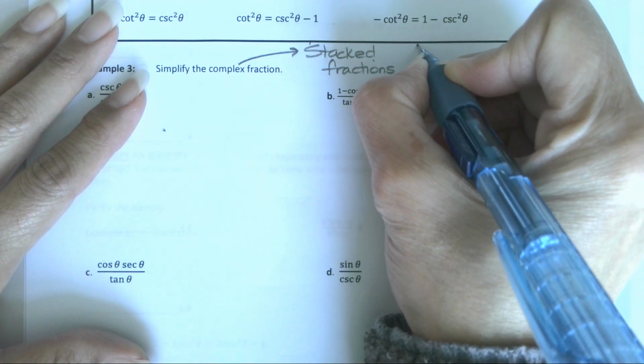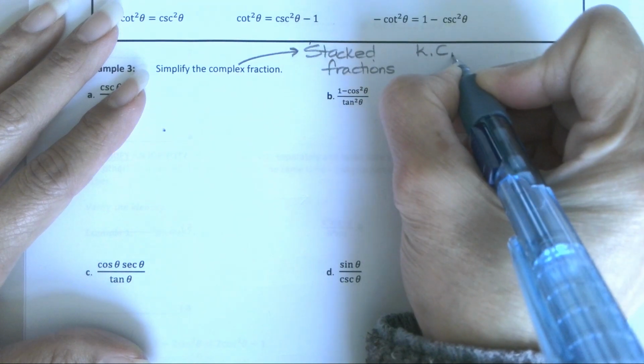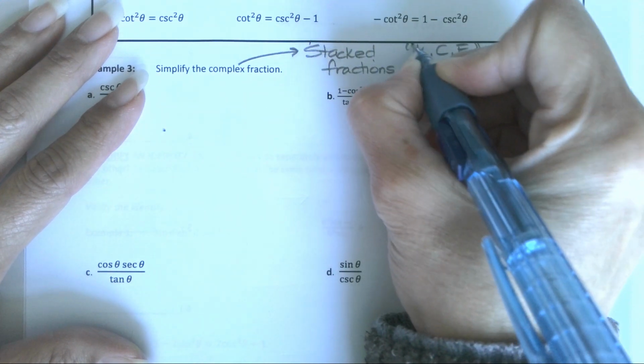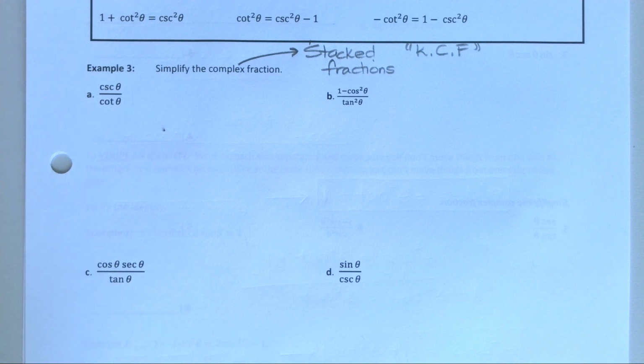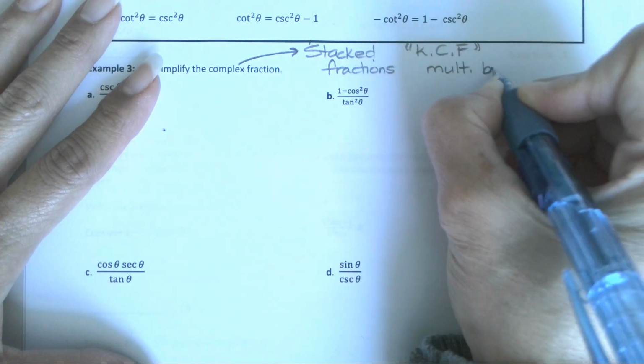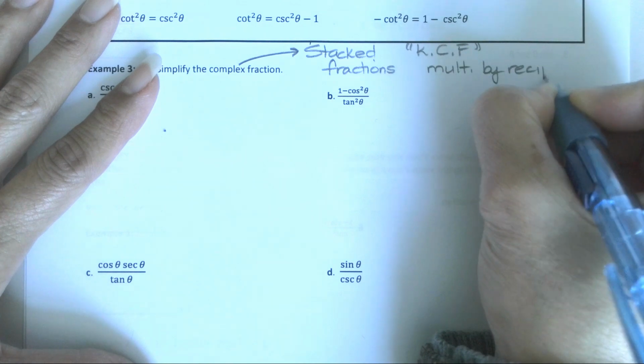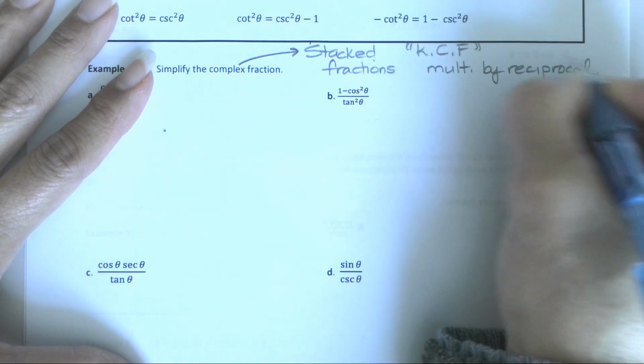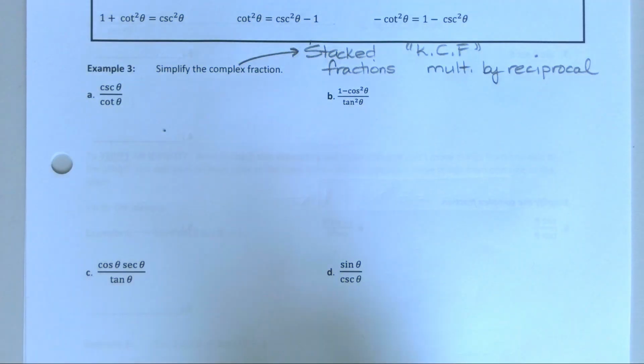What you did is the keep, change, flip approach, which technically is not really a true math methodology. It's just a quick way to help you remember a technique. But what you are actually doing is multiplying by the reciprocal in order to simplify dividing fractions, okay? So that's what you're doing.